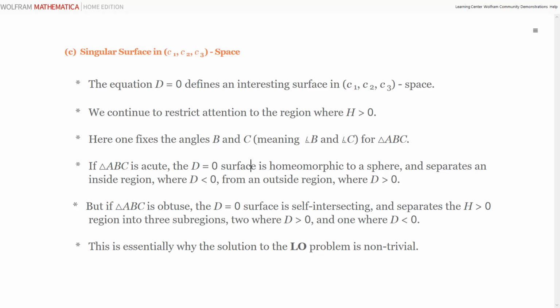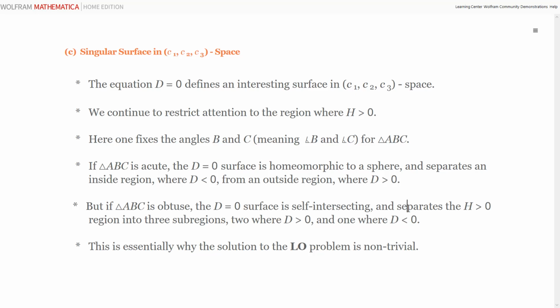Okay. If instead we use an acute triangle ABC, well, this time we're going to wind up with only 2 regions. The surface will not be self-intersecting. The interior of that H greater than 0 region will be separated into 2 regions, one where D is less than 0, one where D is greater than 0. And moreover, the surface D equals 0 will be homeomorphic to a sphere.